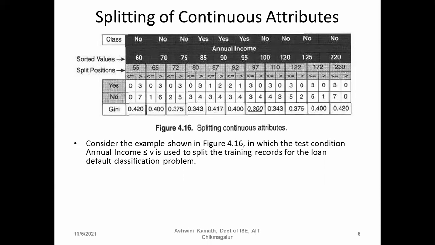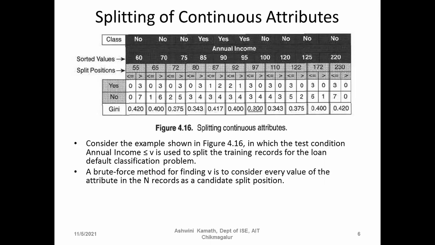I hope you remember the default borrower example, where we had homeowner, marital status, and income. This is taken from that same example. Annual income less than or equal to B is used to split the training records, one branch less than or equal to, the other greater than. Using this, the training records are split.